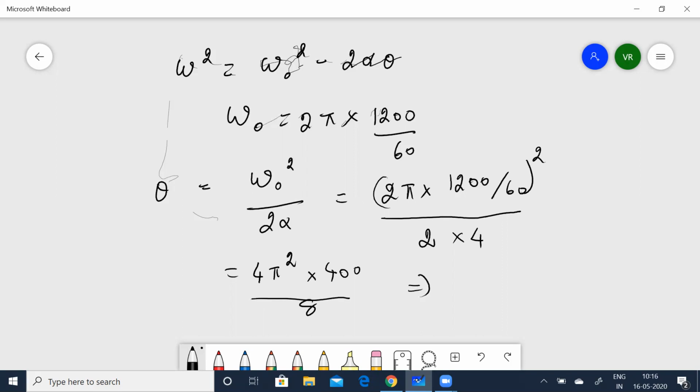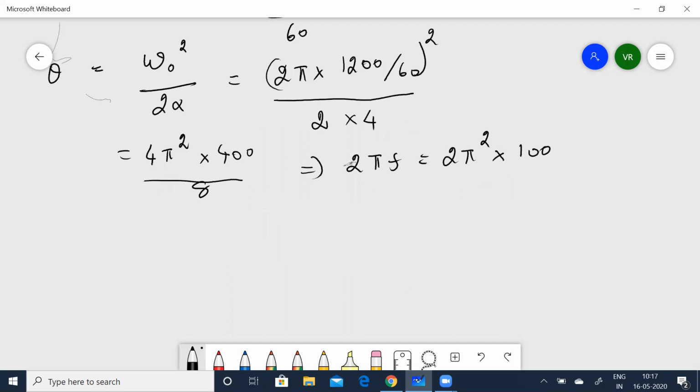So this implies 2 pi f is equal to 2 pi squared into 100. We need to calculate f, which now represents the number of rotations.